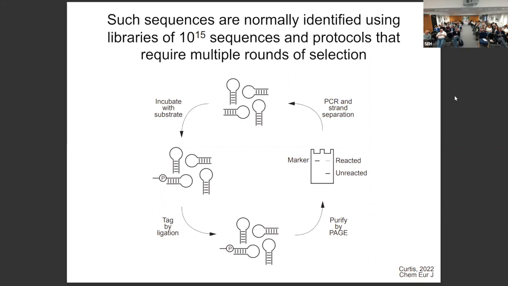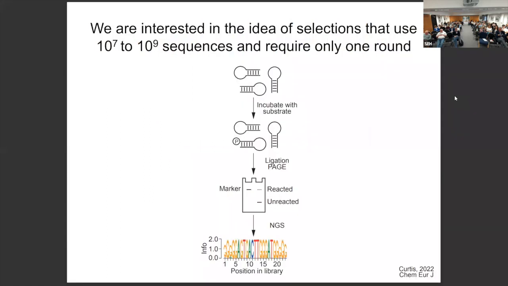This technology was developed about 30 years ago. It's been used many times, and it's clear that it's very general and also very powerful. But it's time consuming, and it's difficult to learn and difficult to perform. This has prompted us to start thinking about a slightly different version of artificial evolution.